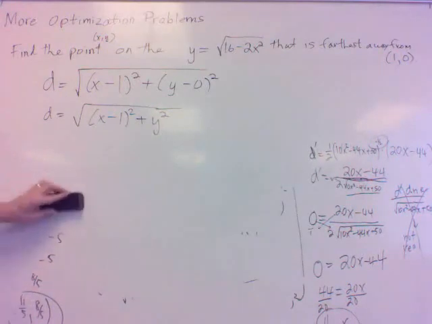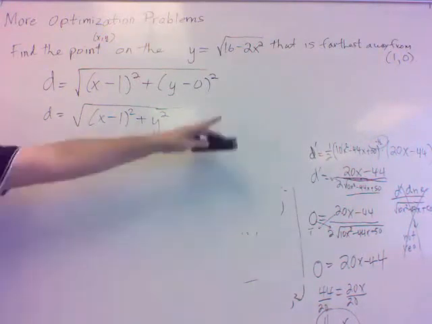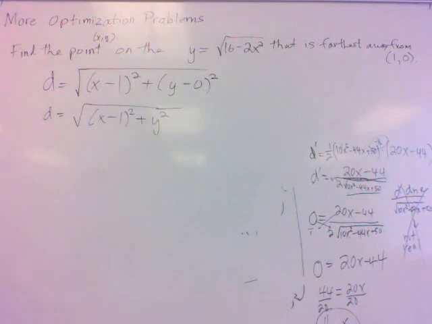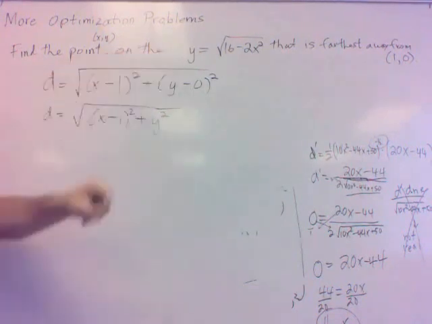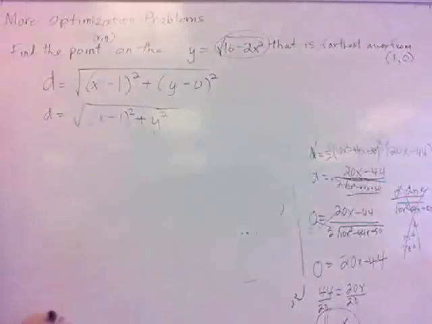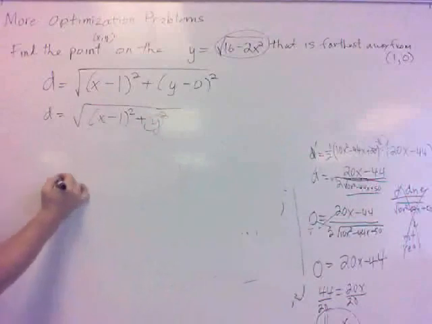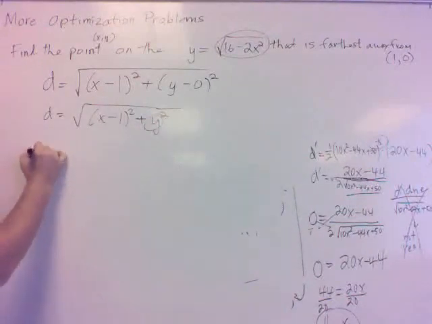Okay, I want to maximize that, the farthest, maximum distance. What do I need to do? Well, I need to get rid of this y. How do we get rid of the y? Well, y equals the square root of 16 minus 2x squared, so I'm going to replace y by that.